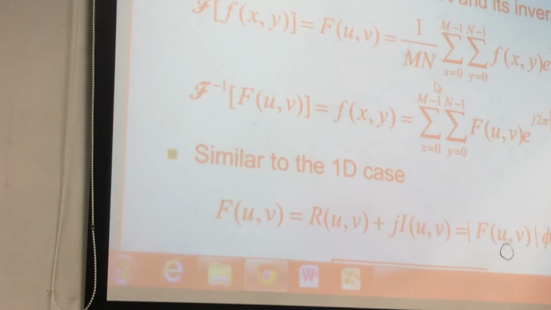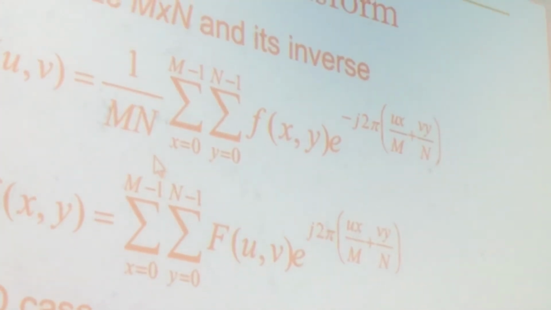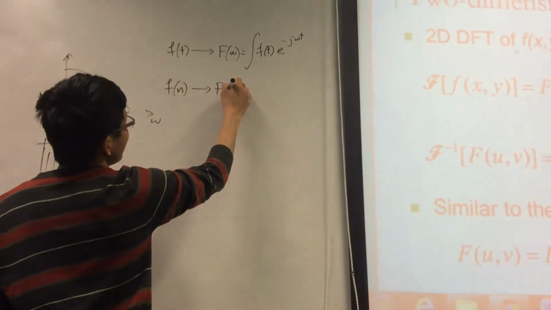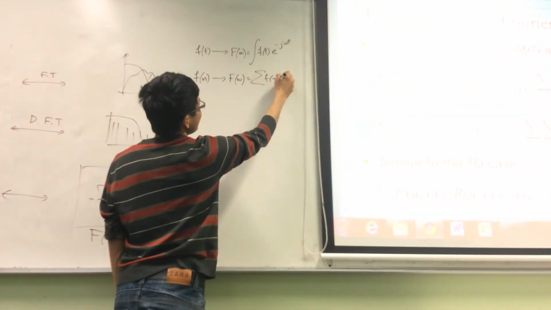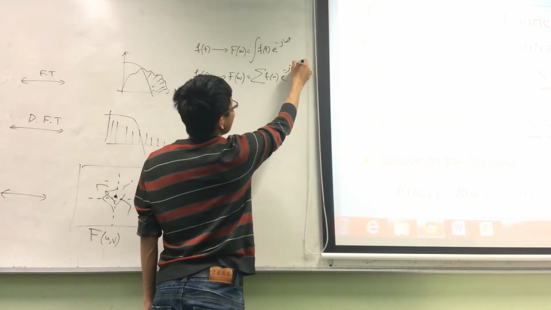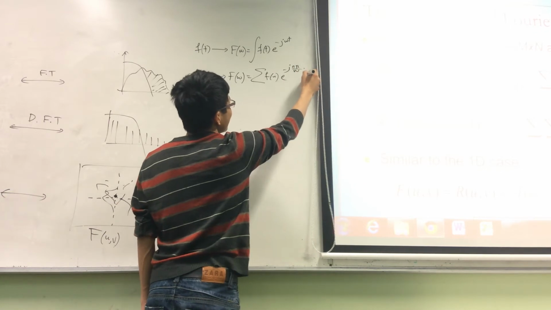of the element. This one is not quite difficult because if you still remember the definition of the Fourier transform, it is the integration of f(t) e to the minus j omega t. Now the discrete Fourier transform, f(n), gives you F(omega) equal to the sum of f(n) e to the minus j 2 pi n over N, for the discrete one.